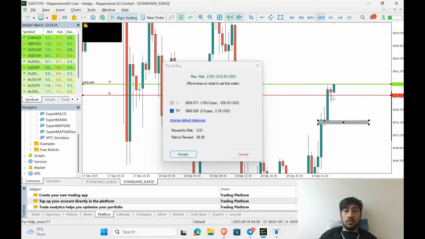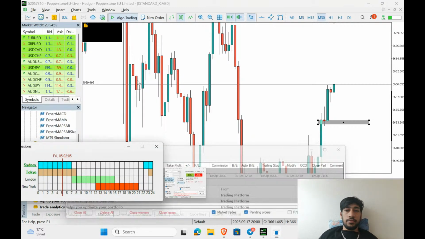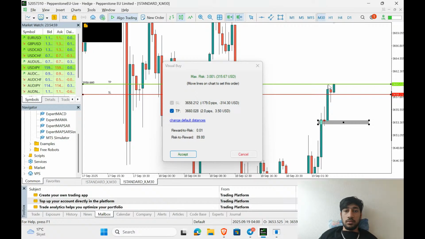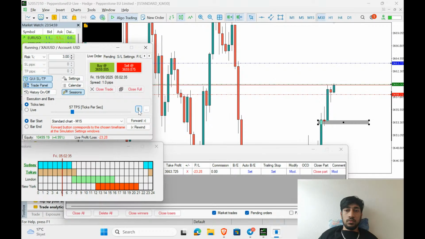I am confident on this, so I will increase my risk. Hoping for like 1 to 1 or 1 to 2. Close partials.